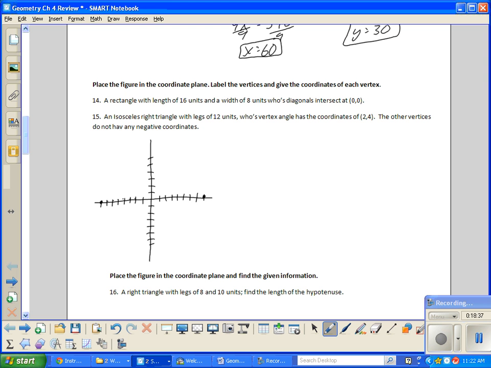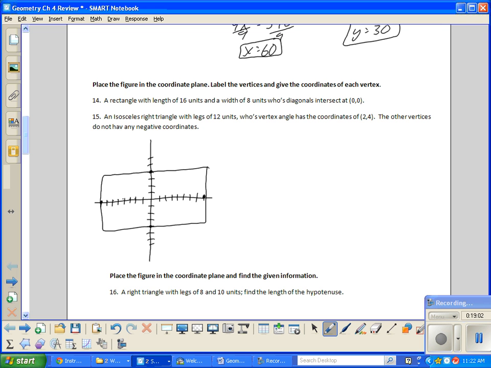So it's going to go 8 on each side of the origin, and then a width of 8. So cut that in half. 1, 2, 3, 4. It's going to go above the origin by 4 and below the origin by 4. And so then we build our rectangle there.